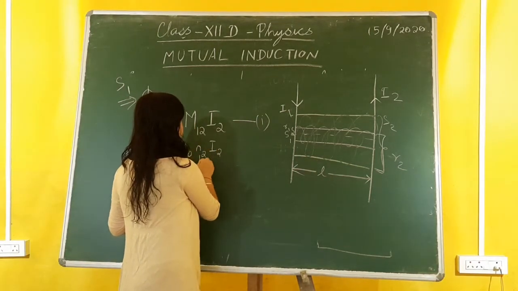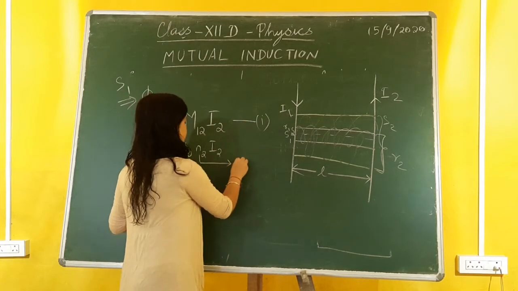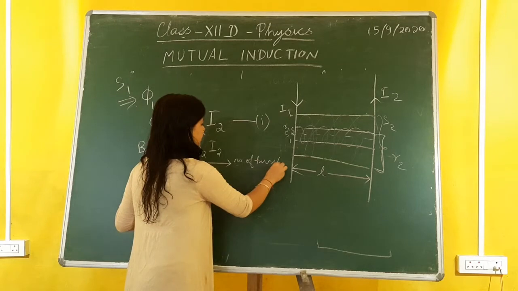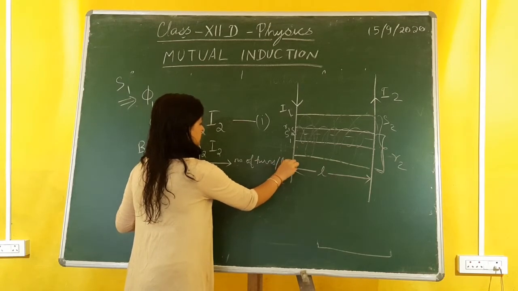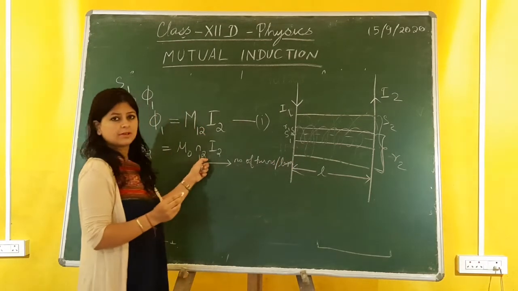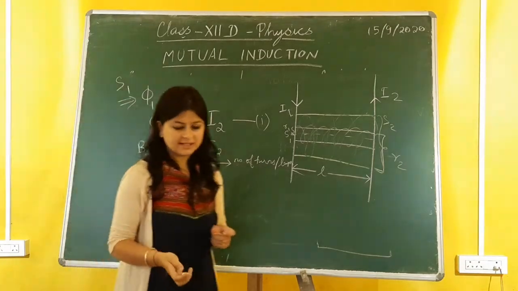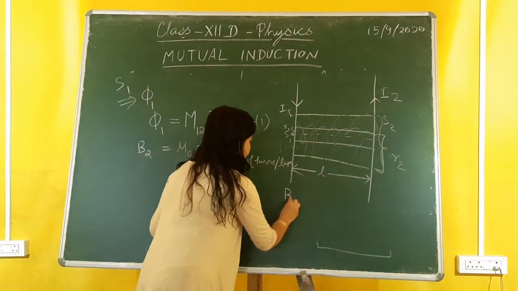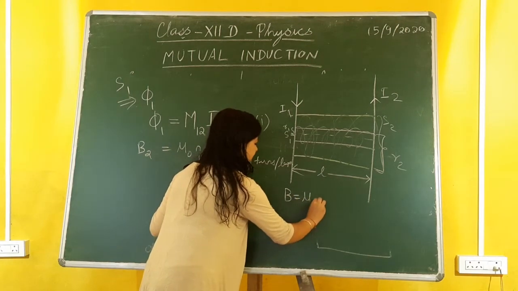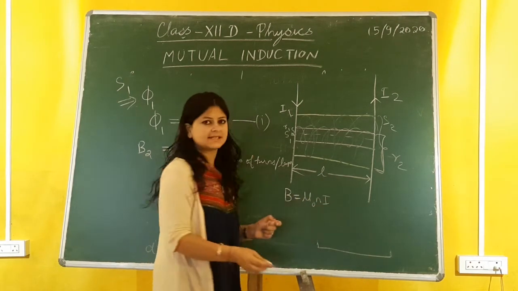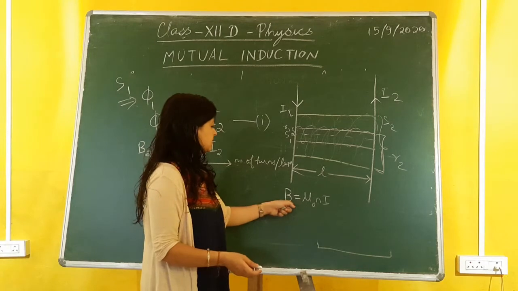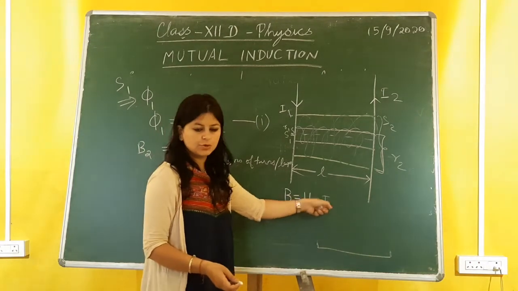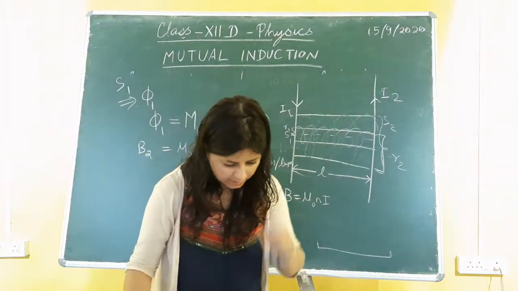Now this N2 you need to be careful, it is number of turns per unit length. Okay, this is not the total number of turns, it is the number of turns per unit length of the solenoid. Because you know for a solenoid we have already derived B is equal to mu naught N i. It was done in the previous classes. For a solenoid, the magnetic field induced in the solenoid will be uniform and it is equal to mu naught into N into I. Okay.